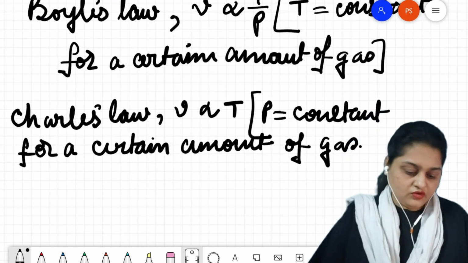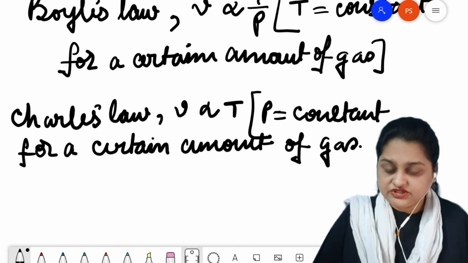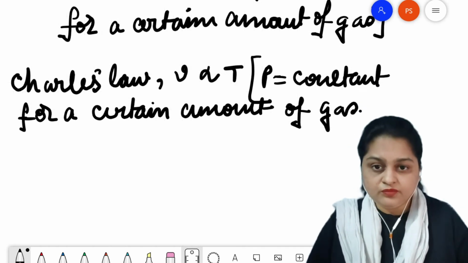Now, when both temperature and pressure vary, we can combine Boyle's law and Charles' law.